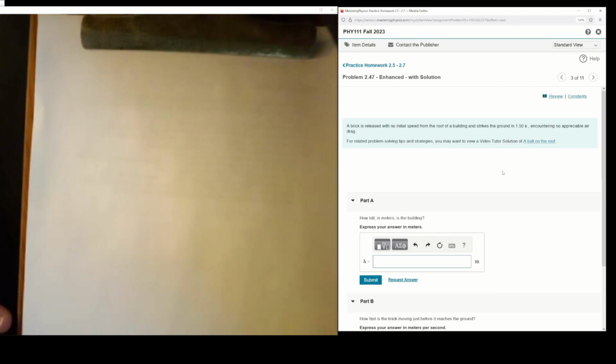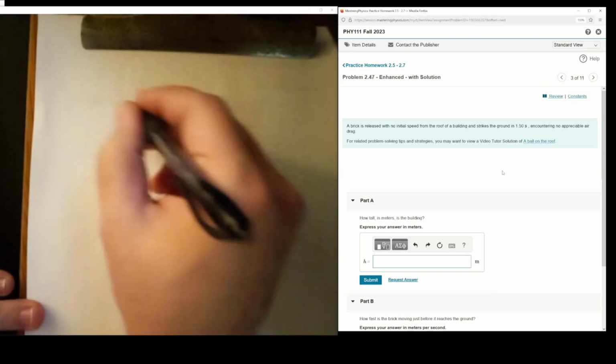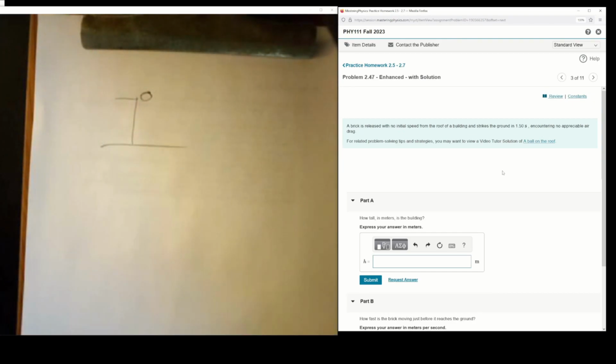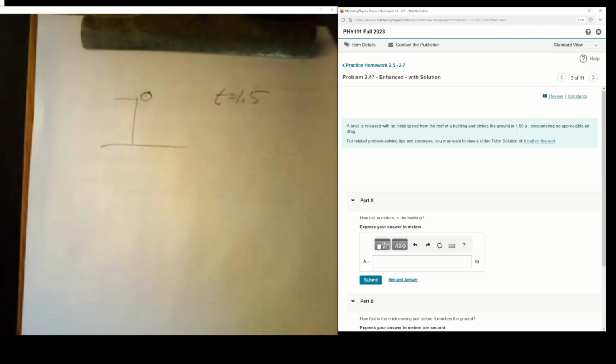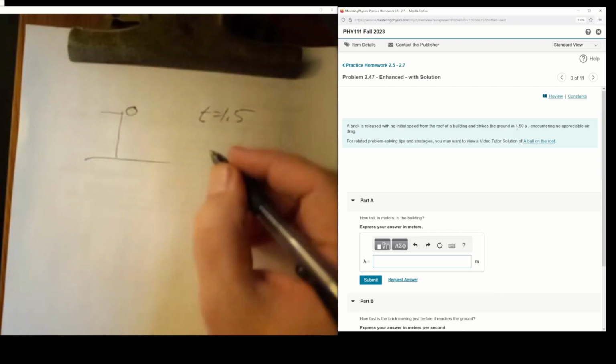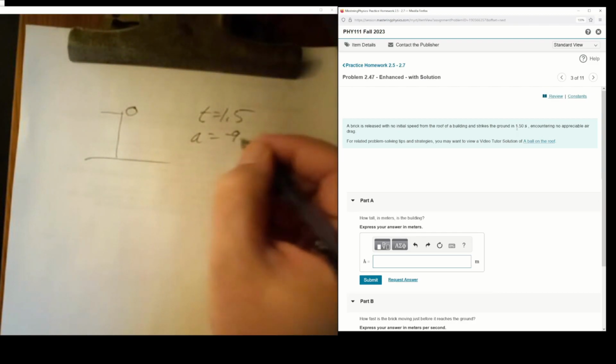So here we have a brick that is just dropped. So dropped, no initial speed, from the roof, and it strikes the ground in 1.5 seconds. It's free fall, so we know acceleration is minus 9.8.